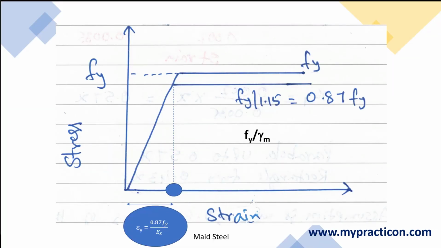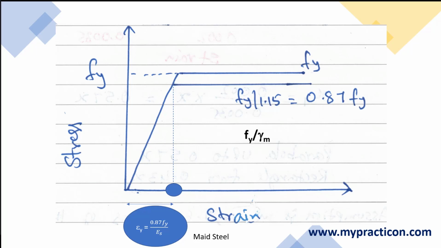Now, the steel stress strain curve. Steel is an elastic and linear material up to the yield point, and the line fy is called the characteristic curve, and 0.87 fy is the design curve suggested by the code, fy divided by the factor of safety 1.15, which comes to 0.87 fy.